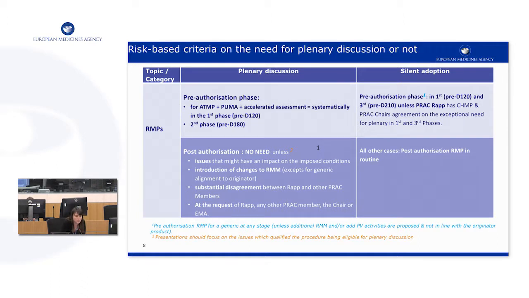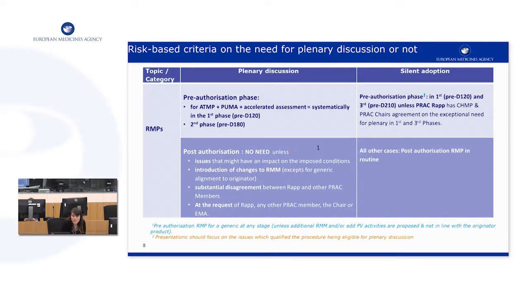With some exception for generics. For generics, it is because basically the applicant is fully aligned with the originator. There is also another case, and I go back to an earlier phase, pre-D120.